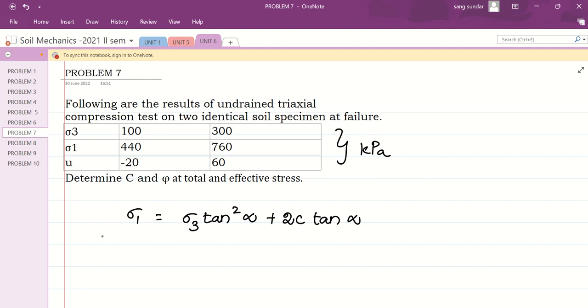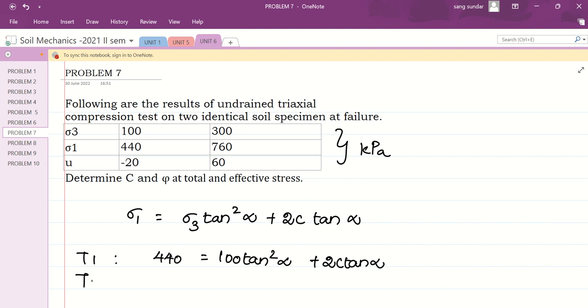Okay. So for the first test, you get your equation as 440 is equal to sigma 3, which is 100, tan square alpha plus 2c tan alpha, right?